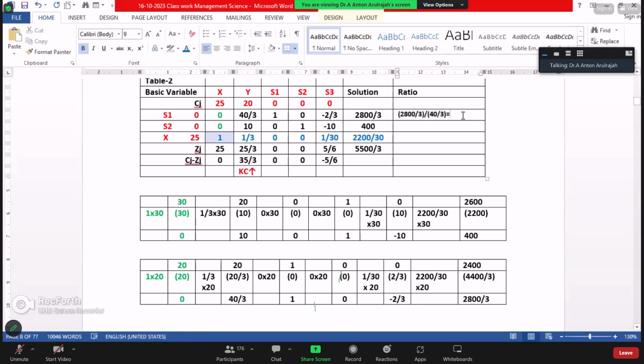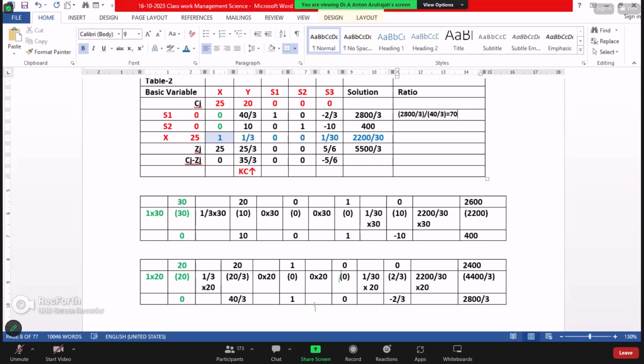If you did one, you will get the answer: 2,800 by 3 divided by 3. How much is the answer? 70. Check that. If I make a mistake, you have to tell me immediately, otherwise the entire thing will go wrong.